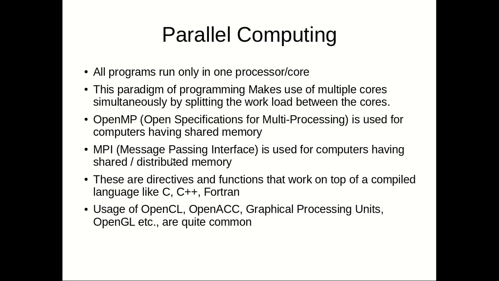MPI is an entirely different paradigm of parallel computing. It stands for Message Passing Interface. It can be used for shared or distributed memory. The same program is run on the whole set of cores simultaneously, and these cores need not have access to the same memory. They can have independent memory allocations.